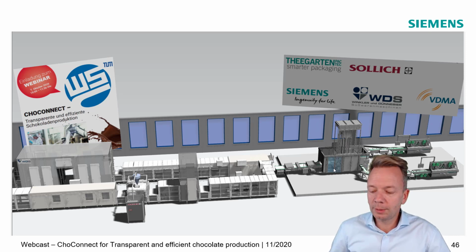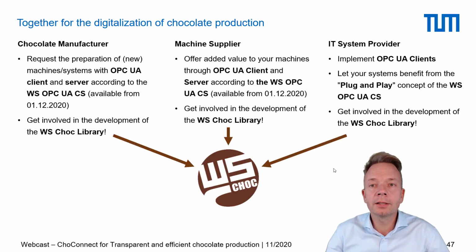At the end of this webcast, I'd like to invite you to join us and to work together for the digitalization of chocolate production. If you are a chocolate manufacturer, then request the preparation of your new machines or systems in the future, the preparation with OPC UA client and server according to the WS OPC UA companion specification.